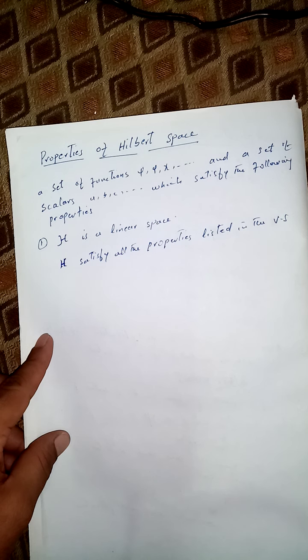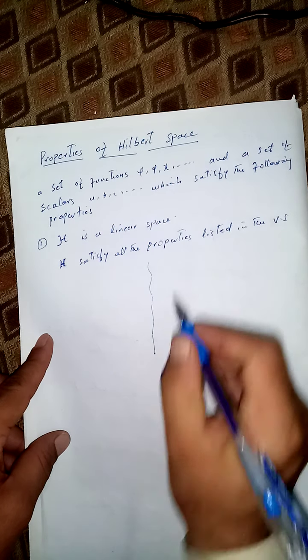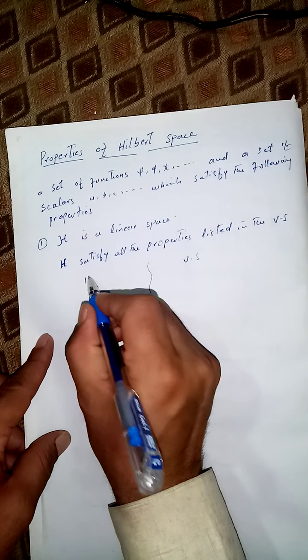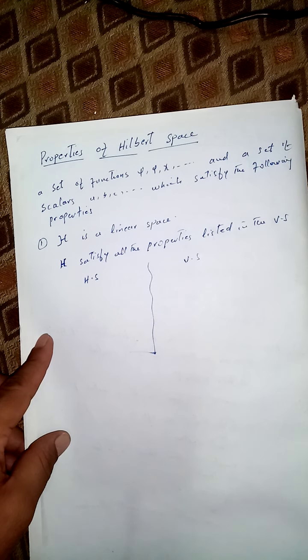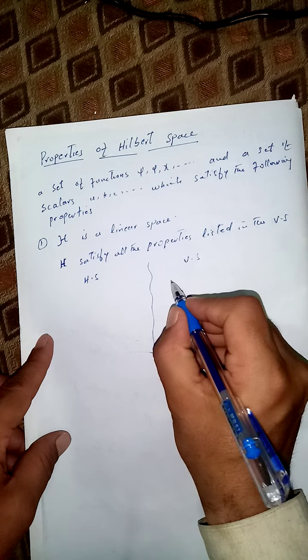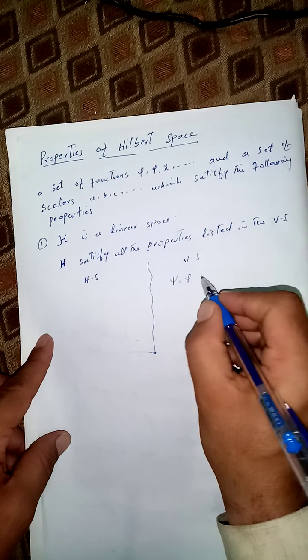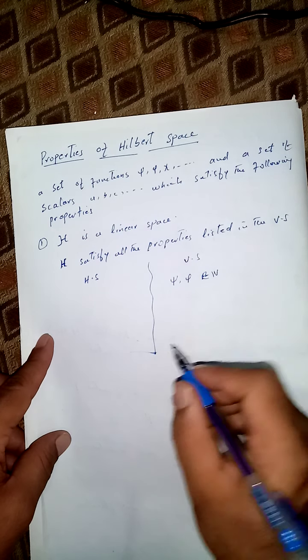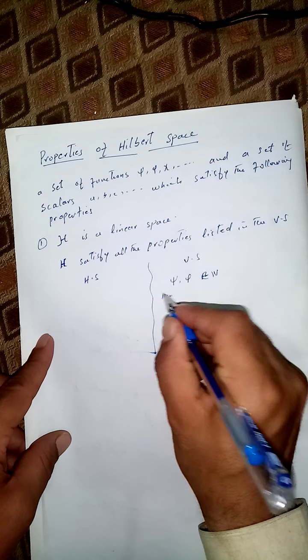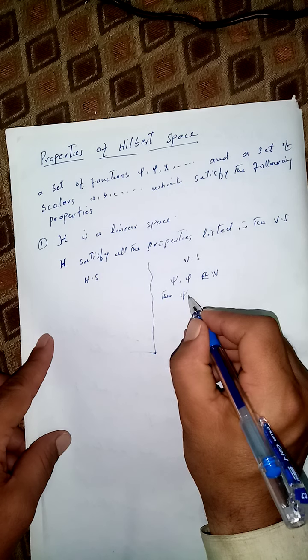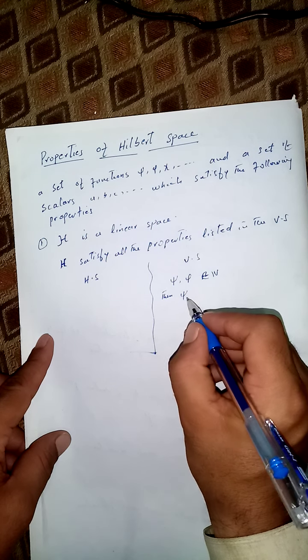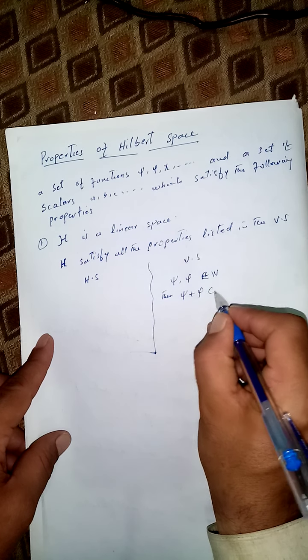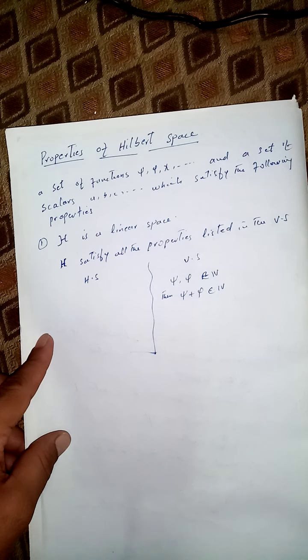For example, I will mention a few of them. Here we have a comparison of vector space versus Hilbert space. Okay, in vector space we suppose that we have two vectors psi and phi belonging to the vector space, then psi plus phi also belongs to the vector space.